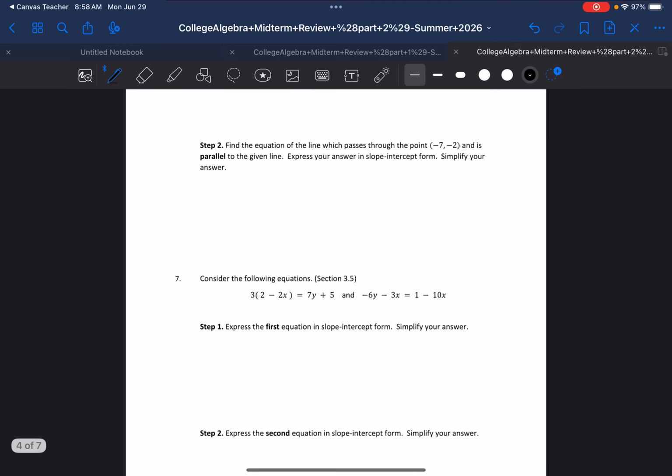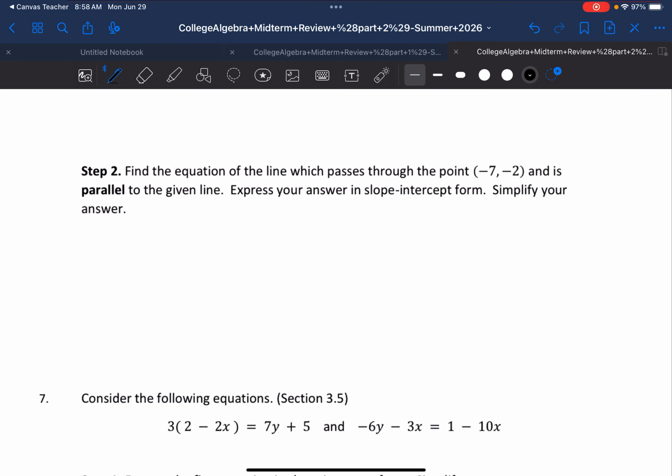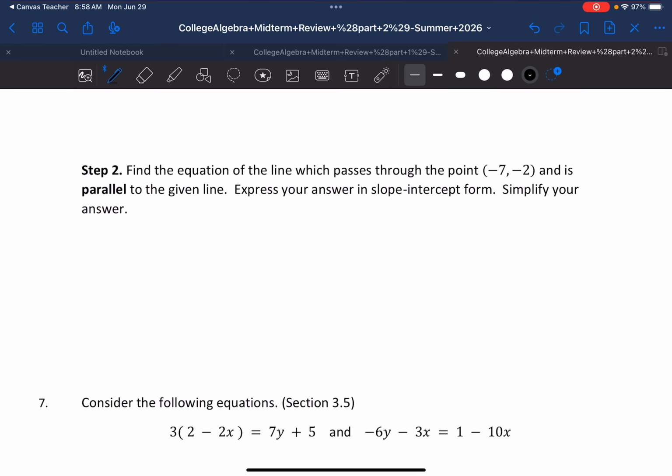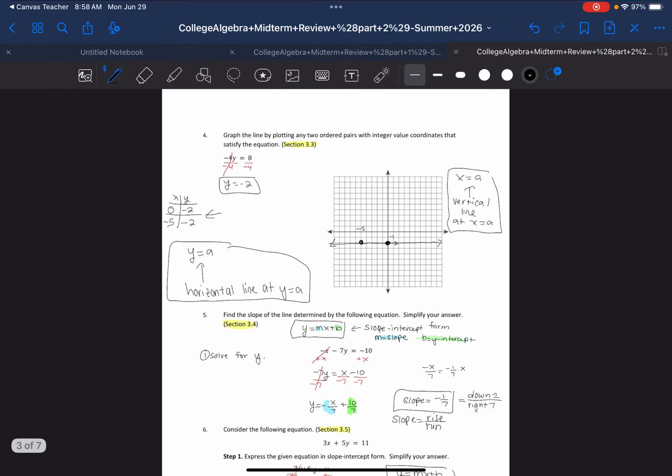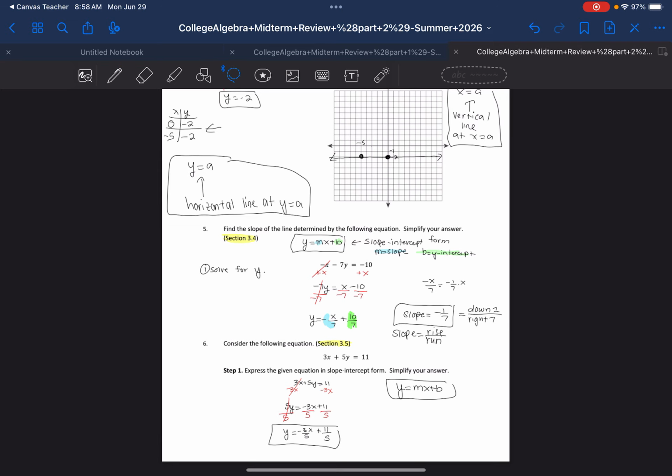So step 2 wants us to find the equation of the line which passes through the point -7, -2, and is parallel to the given line. So I'm going to write that equation of that line we just found. So I'll just copy this.